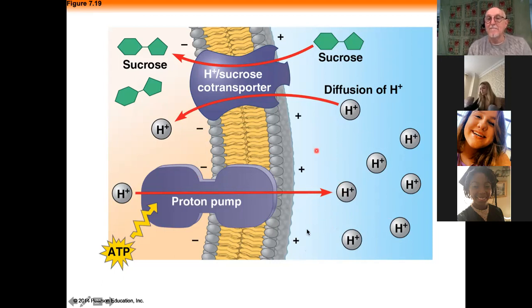The outside here is much more highly, positively charged than the inside. The inside is more negatively charged. The second thing is this is an actual chemical difference because we've got more protons on this side. The third thing is we've got a pH difference. The pH on this side is much lower than it is on that side.